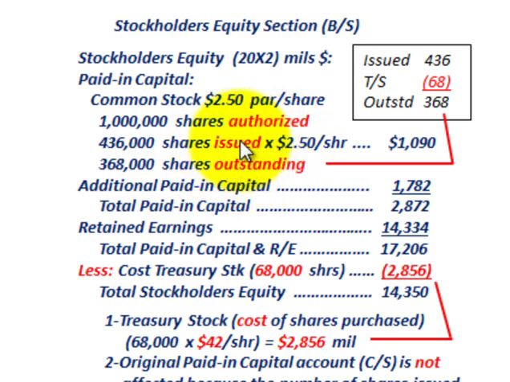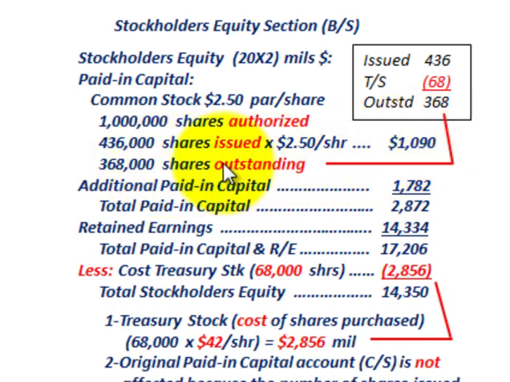So this is where our paid-in capital account here for the par value, that's again based on the number of shares issued here, not the authorized or the outstanding, but the shares issued. So in this case, we had 436,000 shares issued here in common stock times the $2.50 per share par value. Total amount here, $1,090,000 of common stock par value.